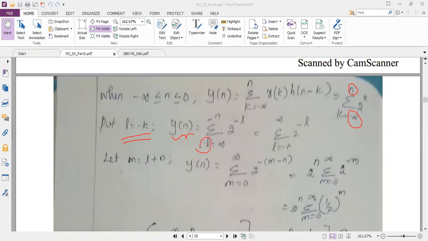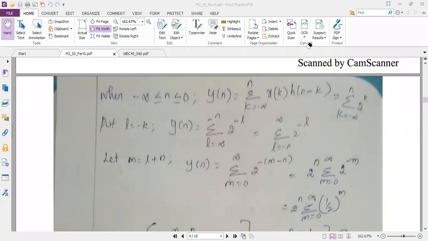I have to replace it with the L limit. If the lower limit of k is minus infinity, then what is my lower limit of L? L is equal to minus of k, and k is minus infinity, so L is equal to minus of minus infinity, which is equal to plus infinity. I hope everybody knows how to change the limits. Is it correct? L is equal to infinity, the lower limit?